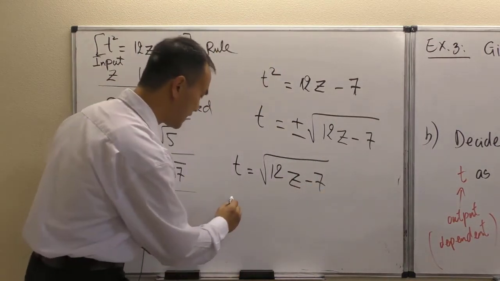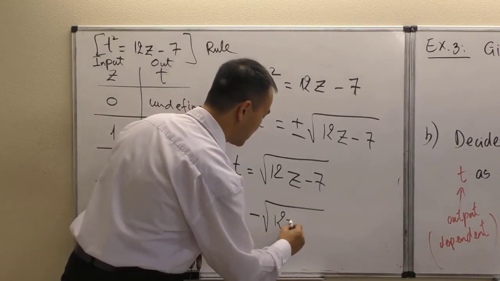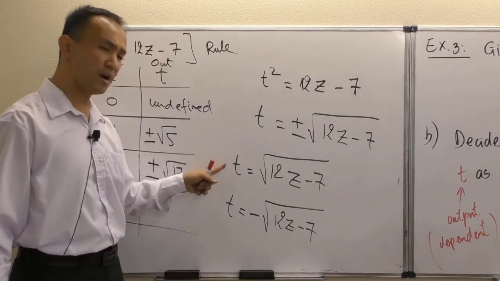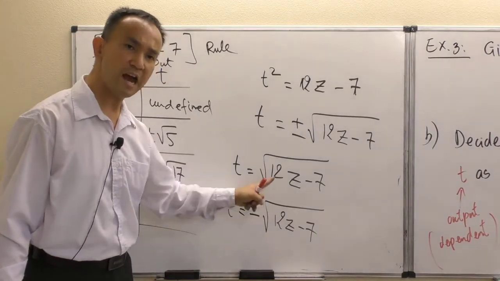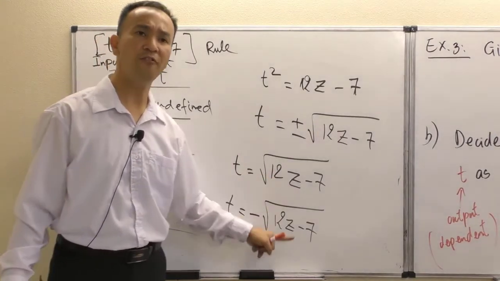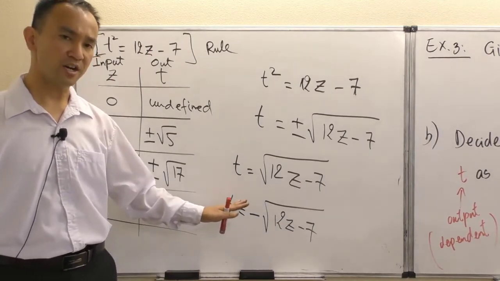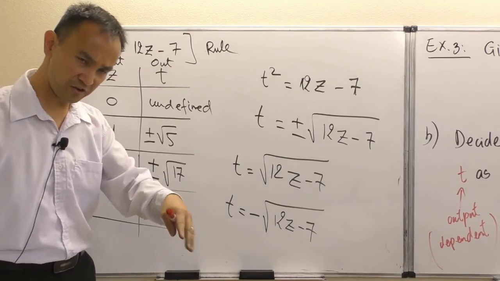And on the other hand, we can determine t by taking the negative square root of 12z minus 7. That's where the problem is. One input, but we come up with 2 different outputs determined by 2 different formulas. And this is the part where this rule fails to be a function.